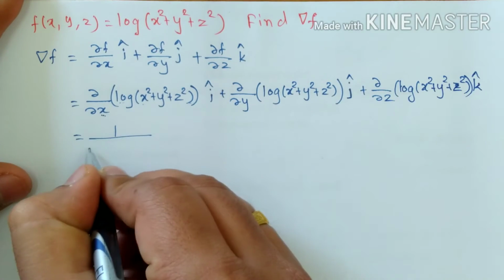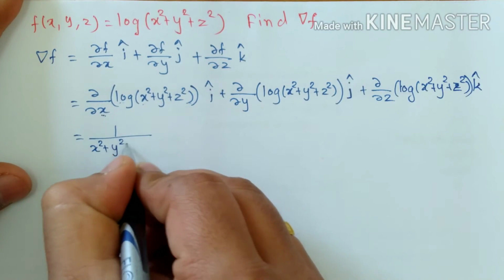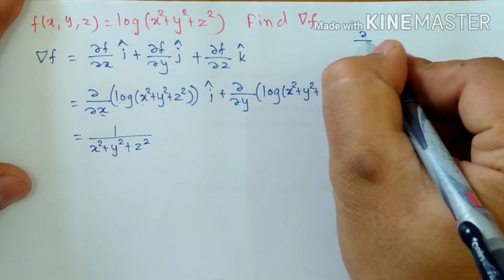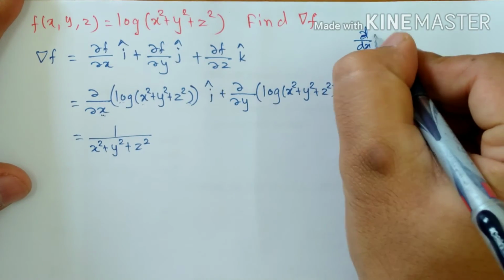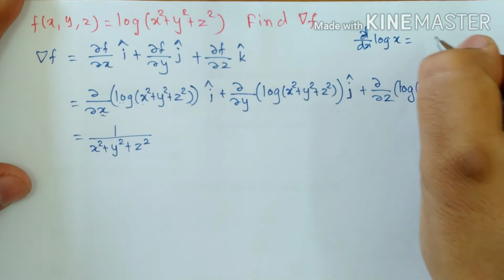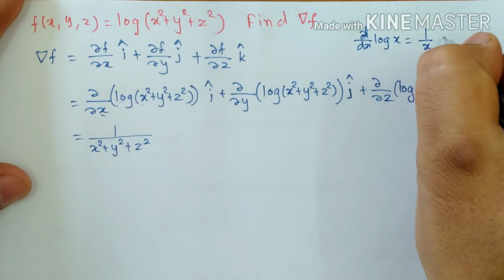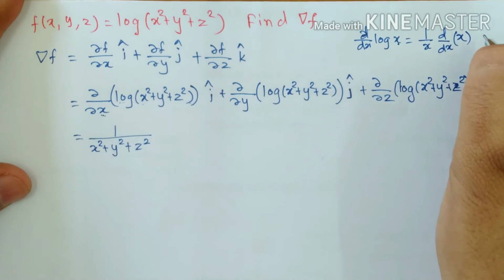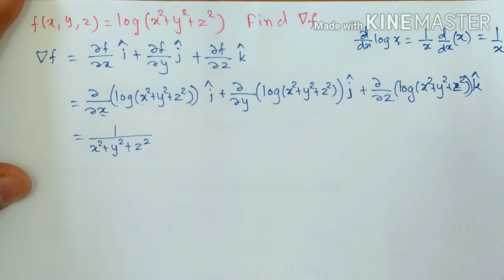In the same way, we get 1 upon x square plus y square plus z square. Usually, while getting the derivative d by dx of log x, how do we proceed? The derivative of log x is 1 upon x into d by dx of this quantity x. So hence our answer is 1 upon x.